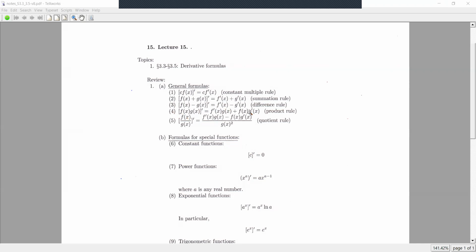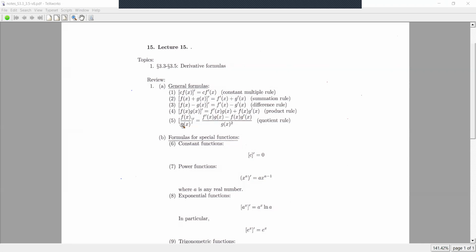Number 4, product rule. Derivative of a product is derivative of the first function times the second function plus the first function times the derivative of the second function. Number 5, quotient rule.